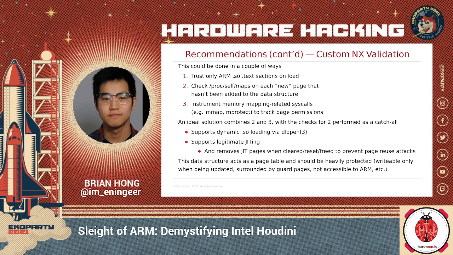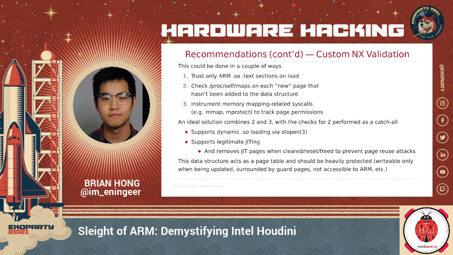And actually, the ideal solution combines 2 and 3 with checking /proc/self/maps as a catch-all, and this would enable dynamic loading via dlopen, and it will support legitimate JITing, making sure to remove the pages when JIT is finished.